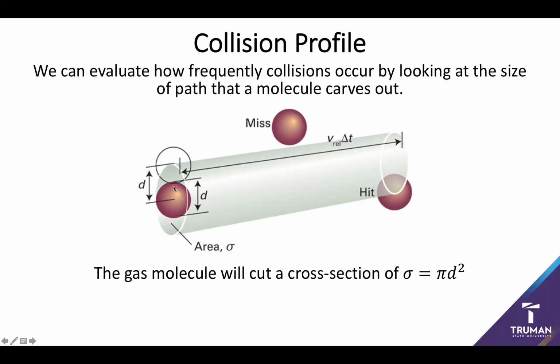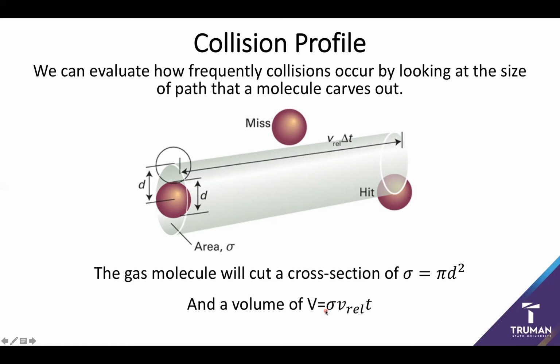However, it's worth noting that this cross-sectional area is often determined a little bit more empirically. However, knowing the area of interaction alone isn't sufficient. I also need to know the total volume of interaction. So essentially, how far will this gas molecule travel, carving out this cross section through space?